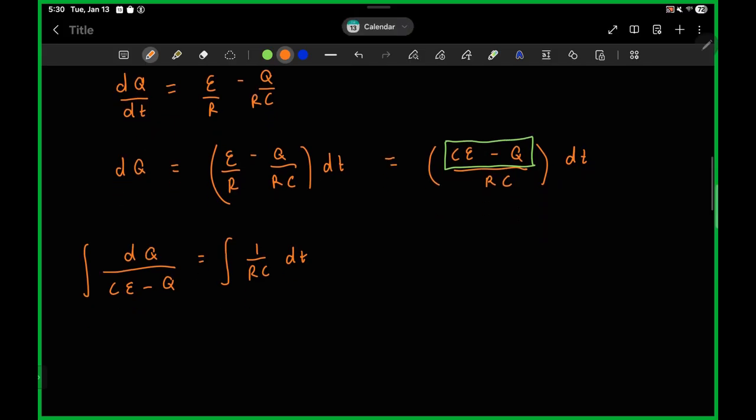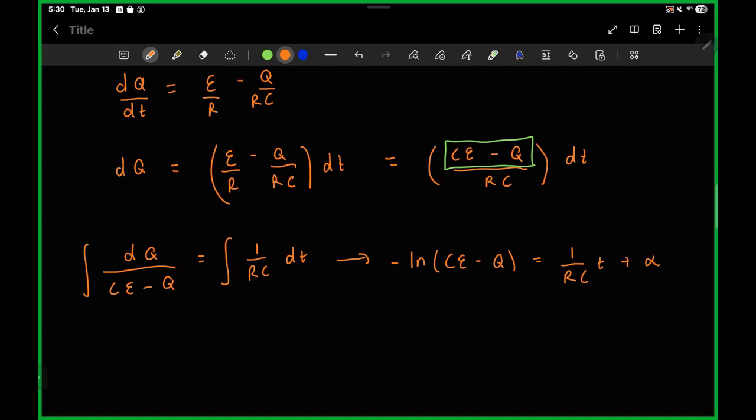Doing this, what do we get? On the left-hand side, we get negative natural log of C epsilon minus Q. And then on the right-hand side, I get 1 over RC times t, plus an arbitrary constant, which I'll call alpha, so as not to get confused with capacitance.